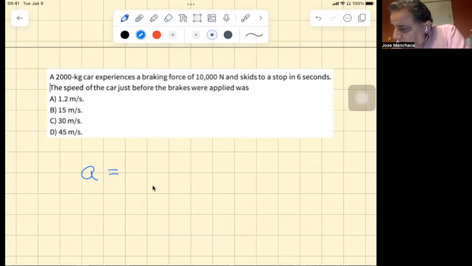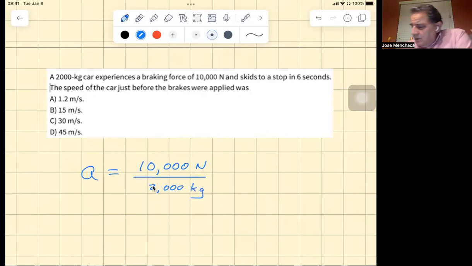The net force, the braking force, is 10,000 Newtons divided by a mass of 2,000 kilograms. So the acceleration is 5 meters per second squared. Okay, 10,000 divided by 2,000 is 5 meters per second squared.